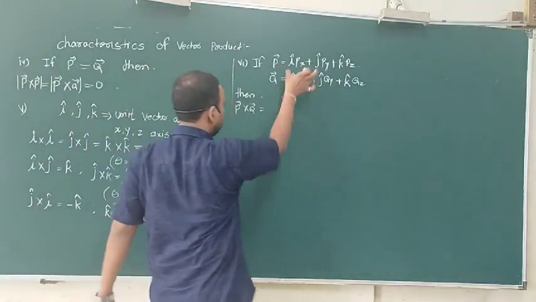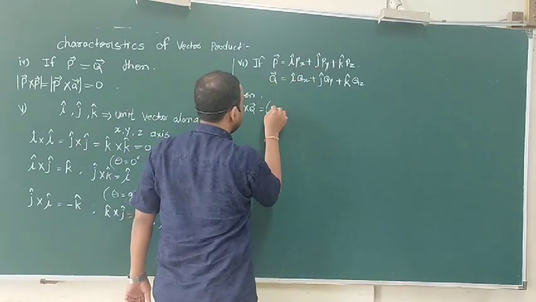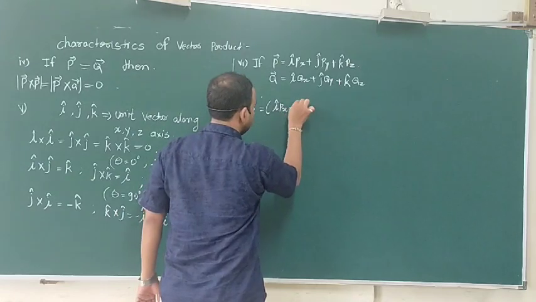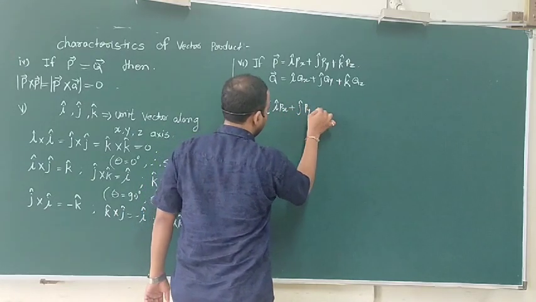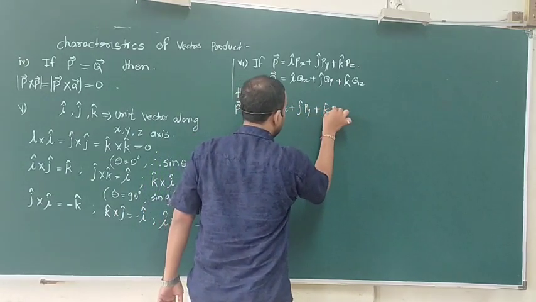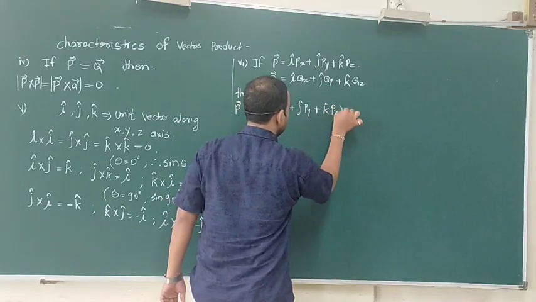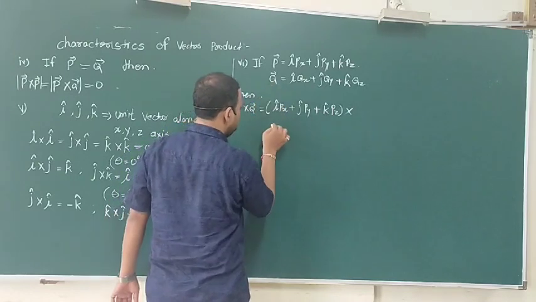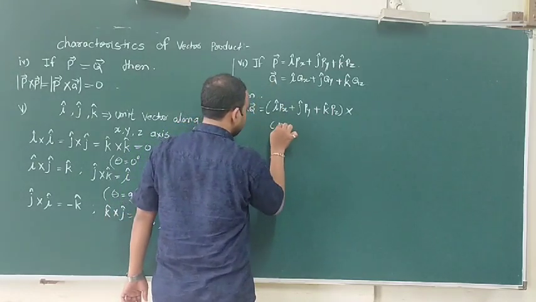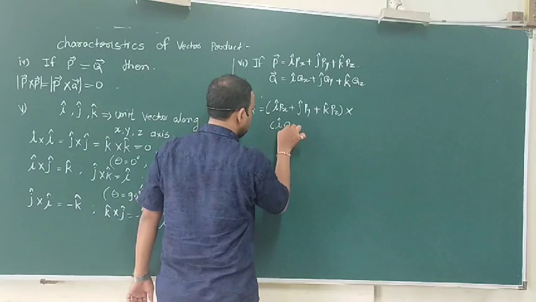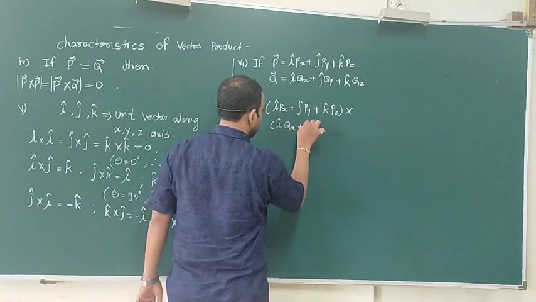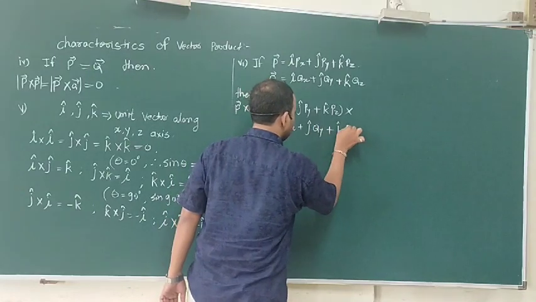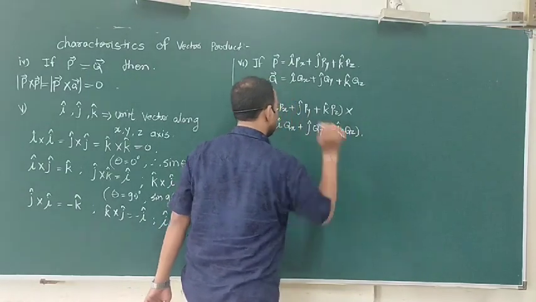Now substituting the values of P bar and Q bar, that is P bar is equal to I cap px plus J cap py plus K cap pz cross, now substituting the value of Q bar, that is I cap qx plus J cap qy plus K cap qz.